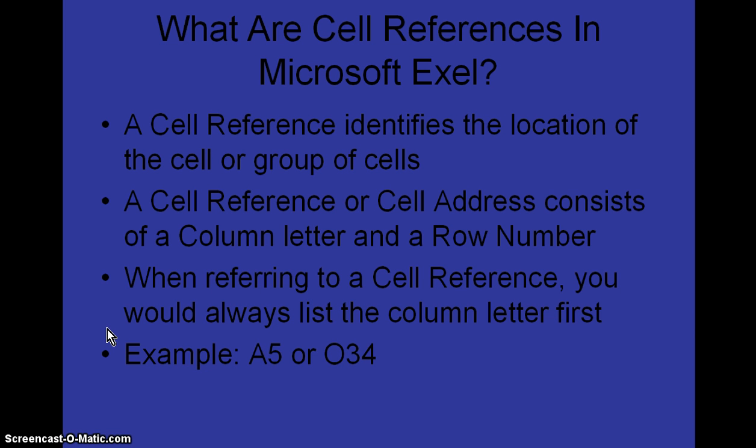So for example, once you click on an individual cell within an Excel worksheet, it will show up as either A5 or O34, which means column A, row 5, or in this example, column O, row 34.